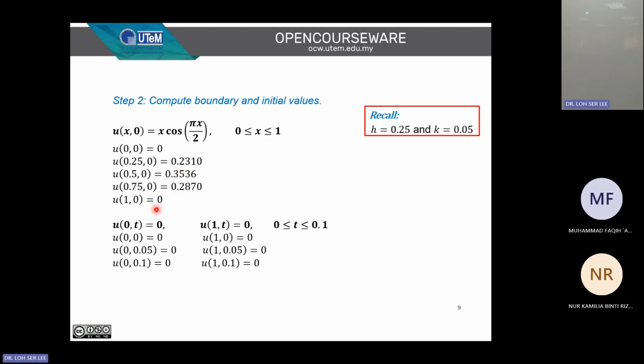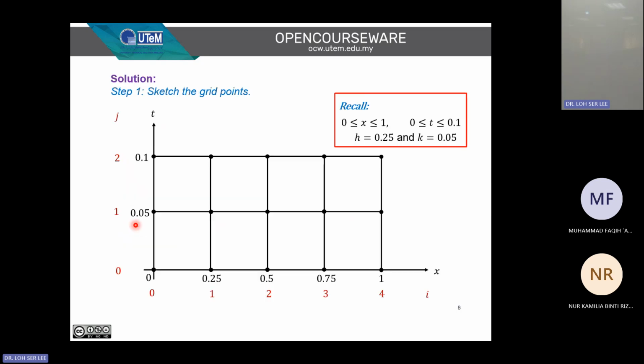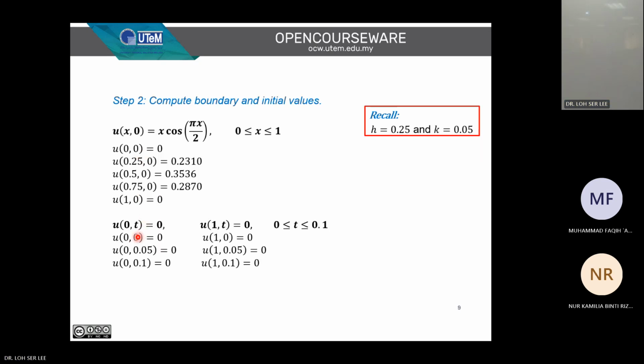Then these are the boundary conditions. The X starting point is 0 and the X ending point is 1. So 0 means it will always be 0. But for T we have 3 values: 0, 0.05, and 0.1. The same goes for this one.